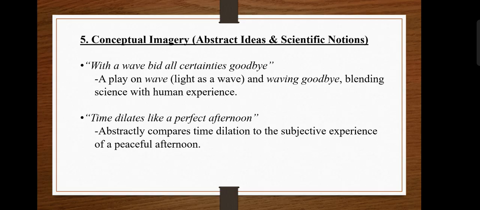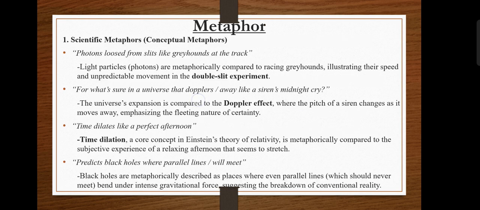After 10 years the boy will come back to the earth, but the girl will be 20 years old by now, while the boy will be 10 years. Because when we travel at the speed of light, we can surpass time. That's what time dilation means. And this concept is beautifully conveyed through this line.